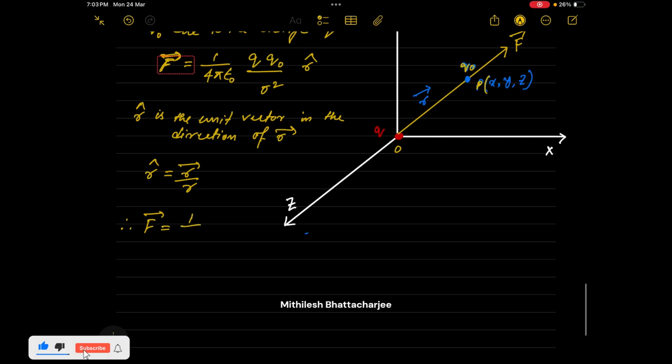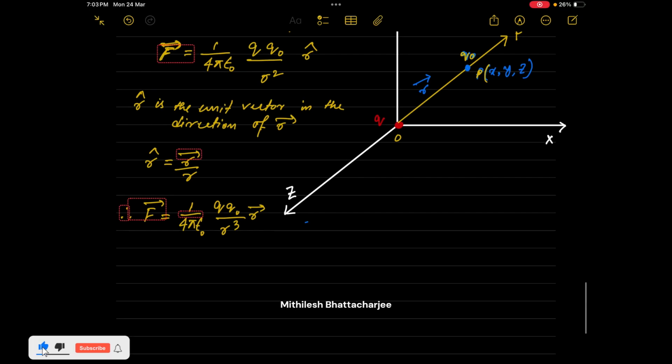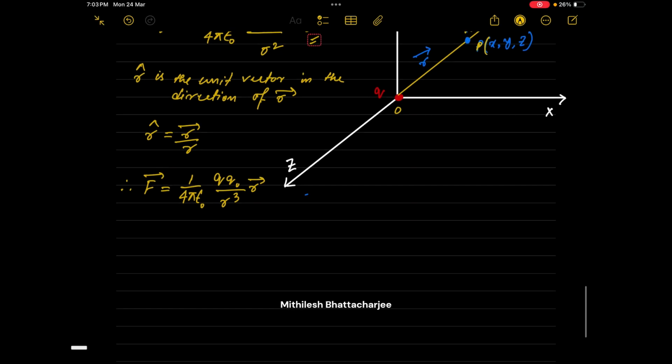Therefore, F will be 1 by 4 pi epsilon naught Q Q naught by r cube into r vector. Just put the r cap value into this, then we'll get this.